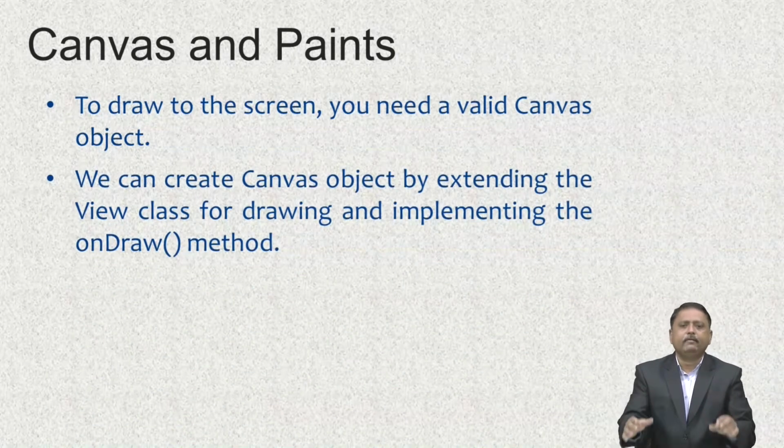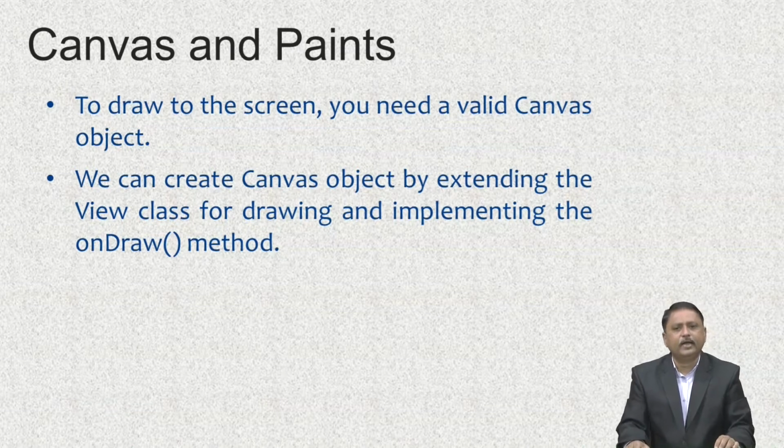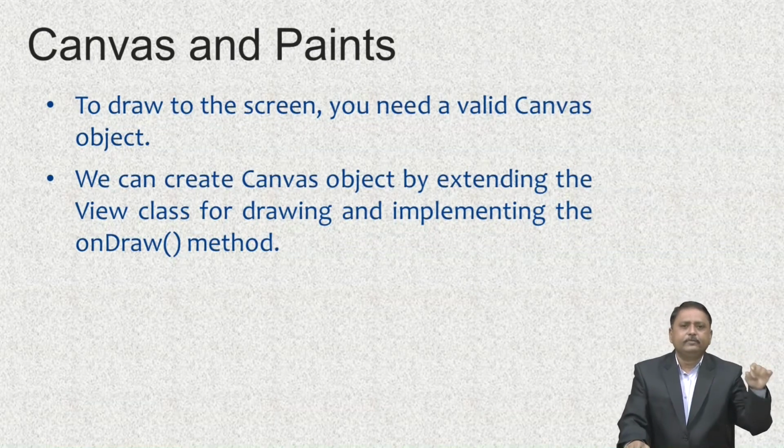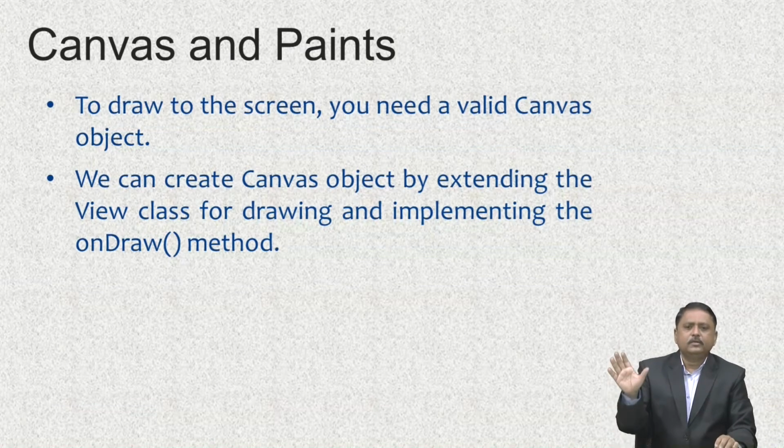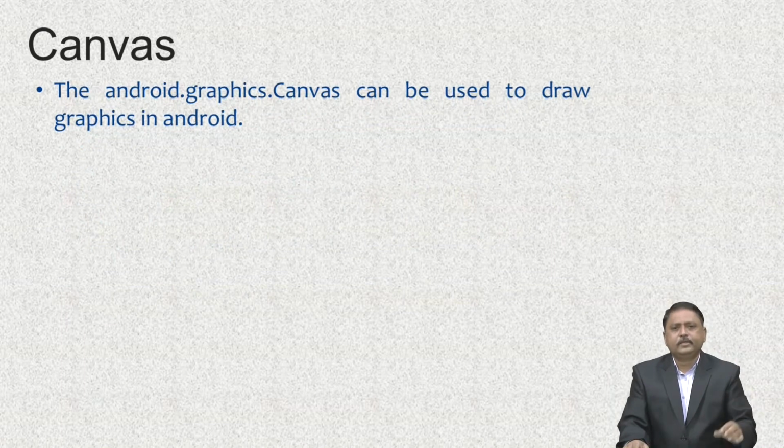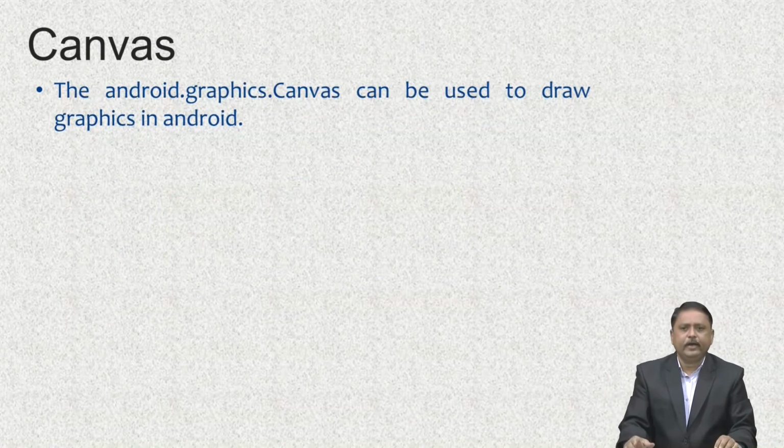We can create a Canvas object by extending the View class for drawing and implementing the onDraw method. So, we will define one class which extends View, and inside that we write the onDraw method to draw something on screen.